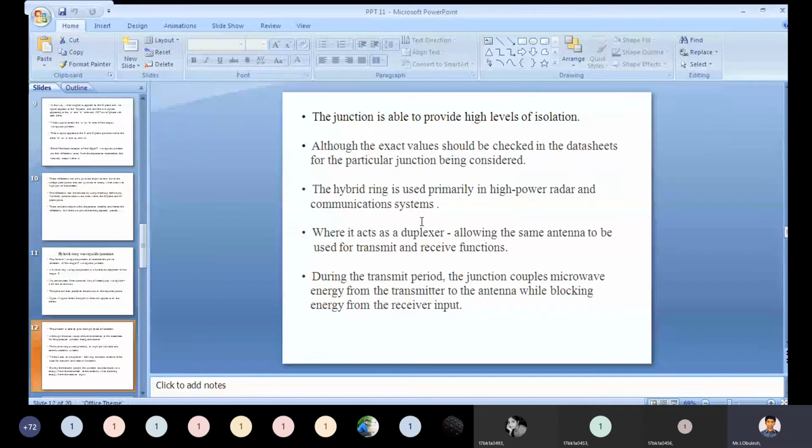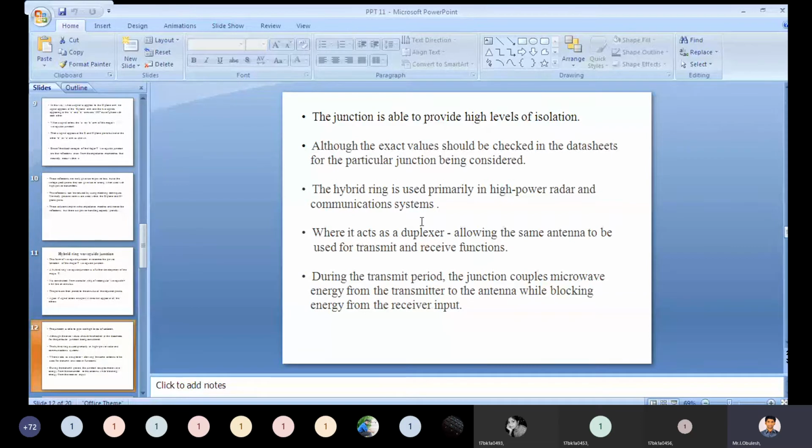High level of isolation, although the exact values should be checked. You need to check the exact values in the data sheets for a particular junction being considered.